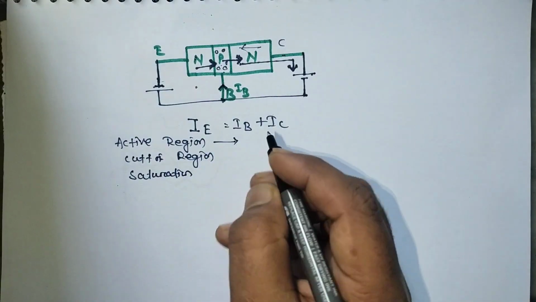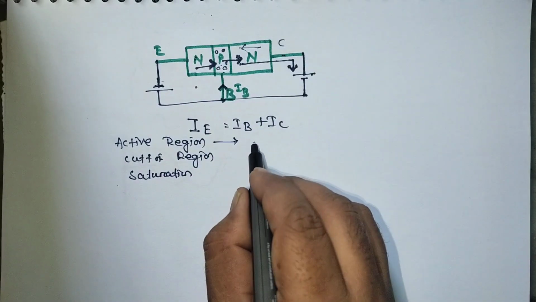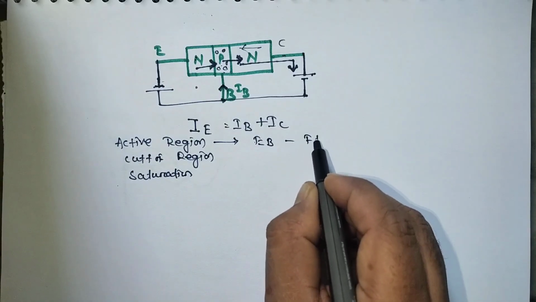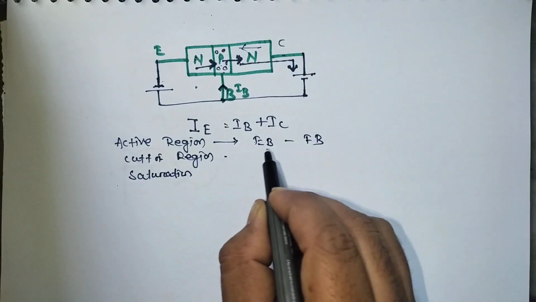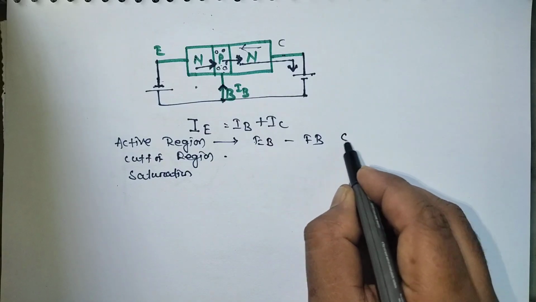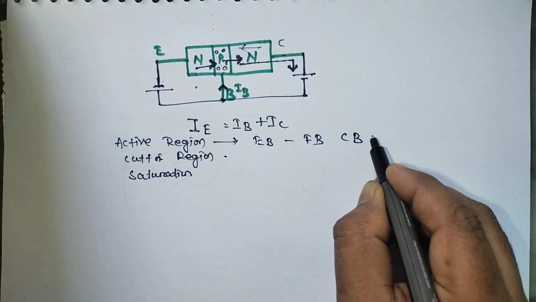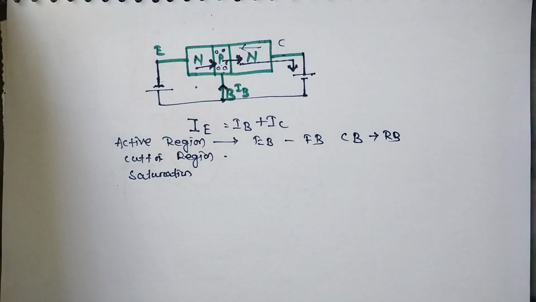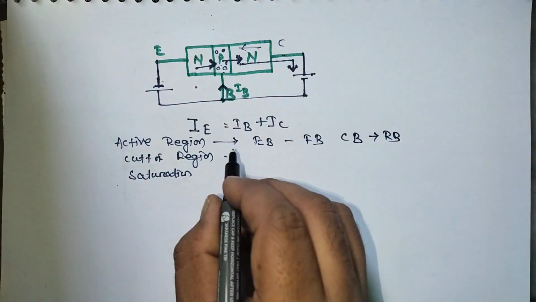In the active region, the emitter-base junction is forward biased and the collector-base junction is reverse biased.